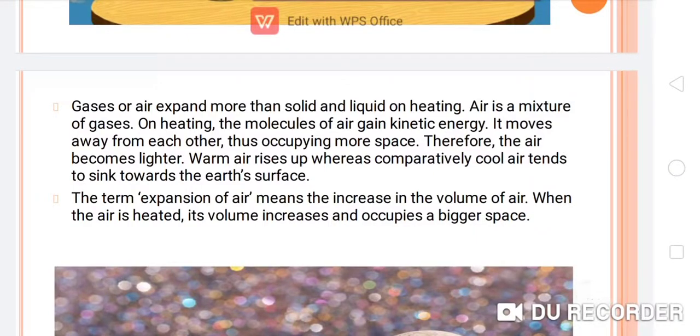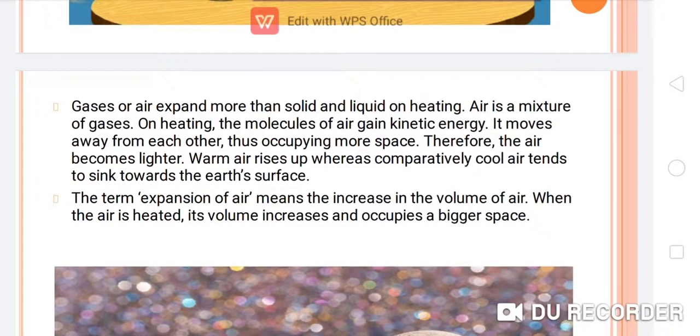Gases or air expand more than solids and liquids on heating. Air is a mixture of gases. On heating, the molecules of air gain kinetic energy. They move away from each other, thus occupying more space. Therefore, the air becomes lighter.